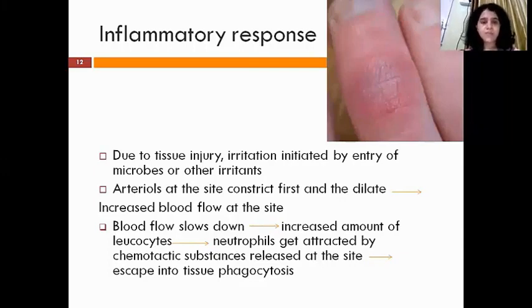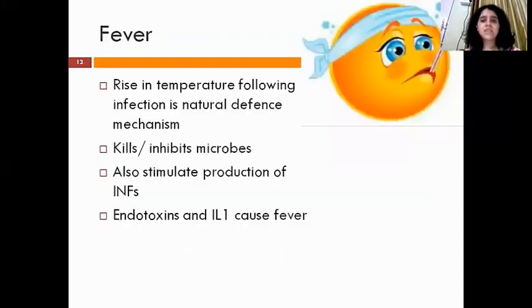Okay. Next is fever. Fever is a rise in temperature following infection. It is a natural defense mechanism. Due to the increase in body temperature, many microbes cannot resist high temperatures. They either get killed or their activity is inhibited. They also stimulate production of interferons.